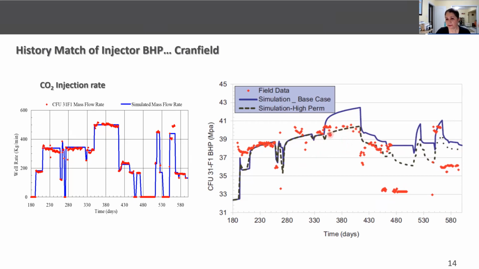The only way we could match the pressure was to increase the permeability near the injection well, sort of like you may have created some small fractures that cause the pressure response to be lower. And later on, they actually admitted that there was some fracture initiation due to the injection of CO2. It was mainly because they increased the rate.